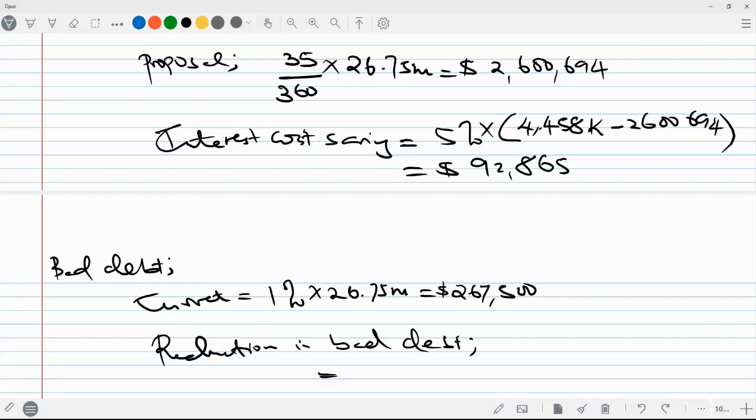In the previous question, you said we use the receivables amount, the total amount. When do we use that? Bad debt?